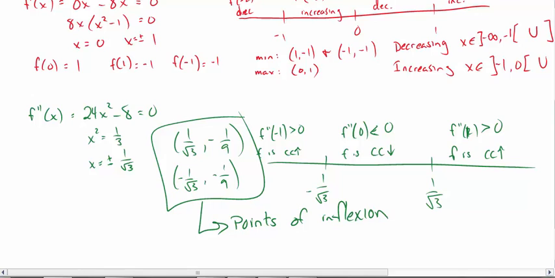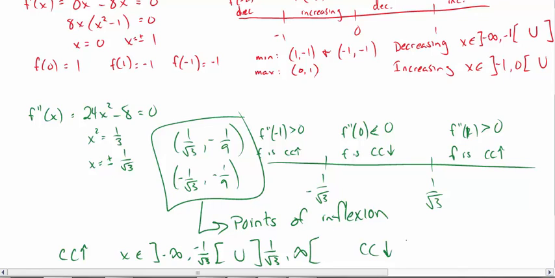And the intervals where we're concave up are when x is an element of negative infinity to negative 1 over square root 3, also 1 over square root 3 to infinity, and we're concave down on the interval where x is an element of negative 1 over square root 3 to 1 over square root 3.